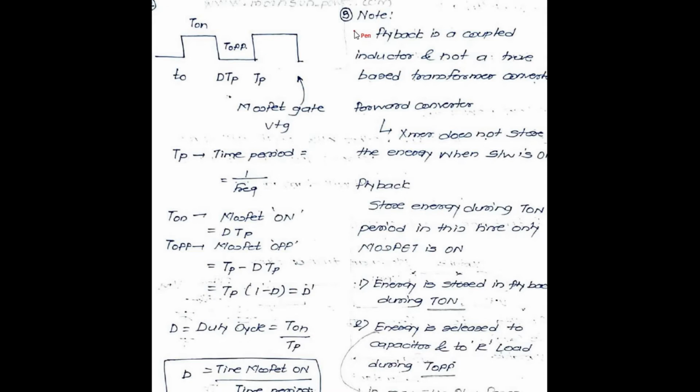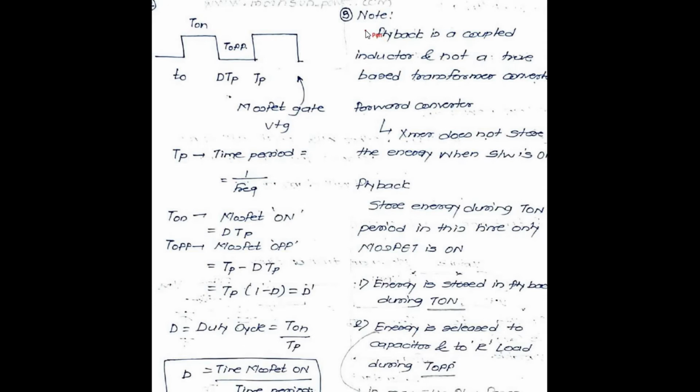The inductor which we are going to use in flyback is going to store the energy in the magnetic form, right? As you know the basics of the inductor and capacitor, the inductor stores energy in magnetic form, and your capacitor stores energy in electrostatic form. So over here the total energy coming from the source is going to be stored in the magnetic form.